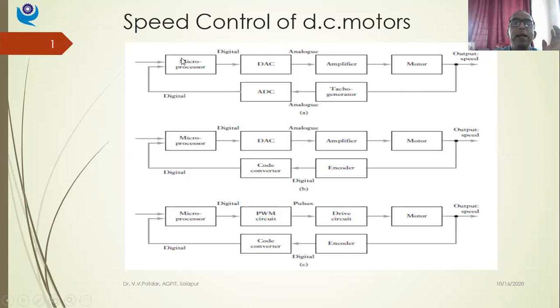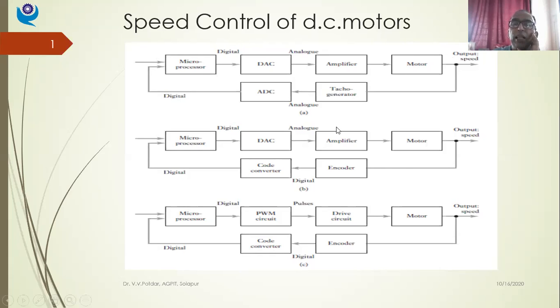So I have the desired input, comparator or error detector. Then what do we call these two elements? These two elements we call control elements. So comparator, control elements, then system or process, and then these two as my feedback signal. This is how I can have a block diagram representation.